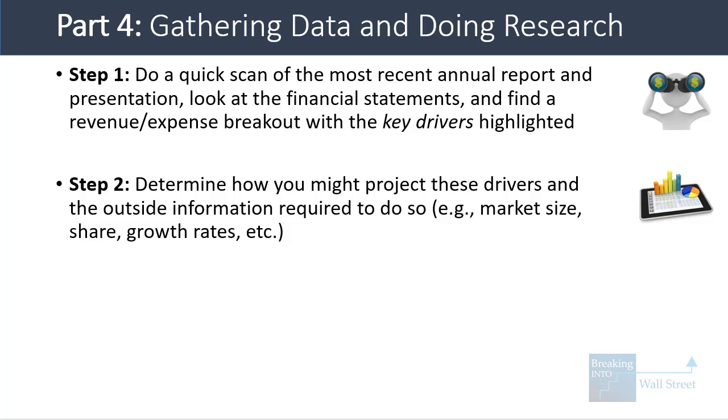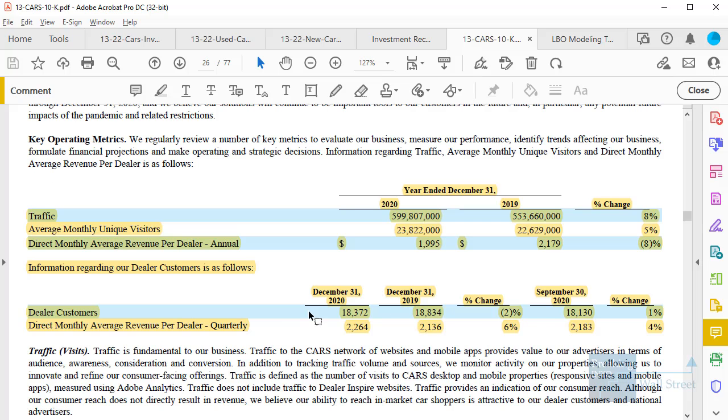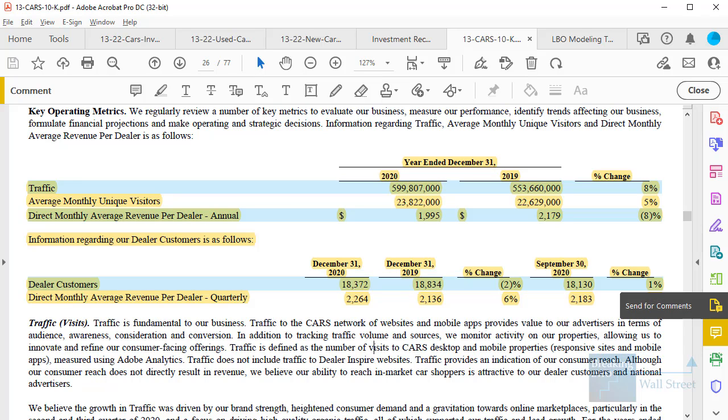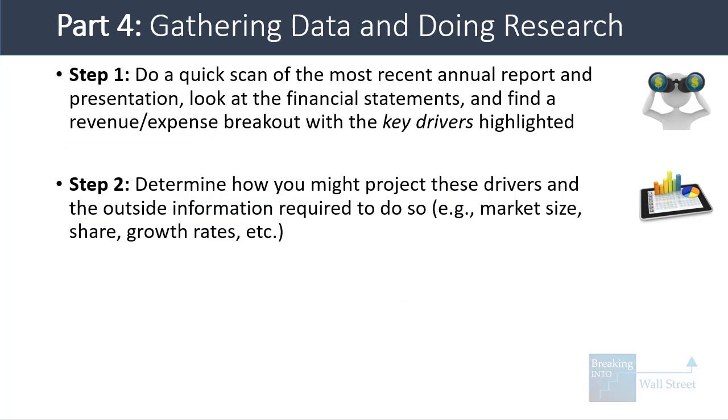So here, for example, with Cars.com, one of the things that strikes us is that they do give us the dealer customer numbers, and we can go back further and get more numbers like this, but we don't know what type of market we're dealing with.